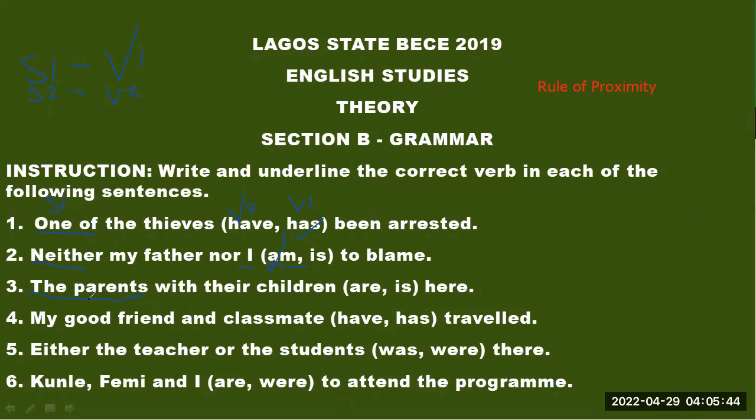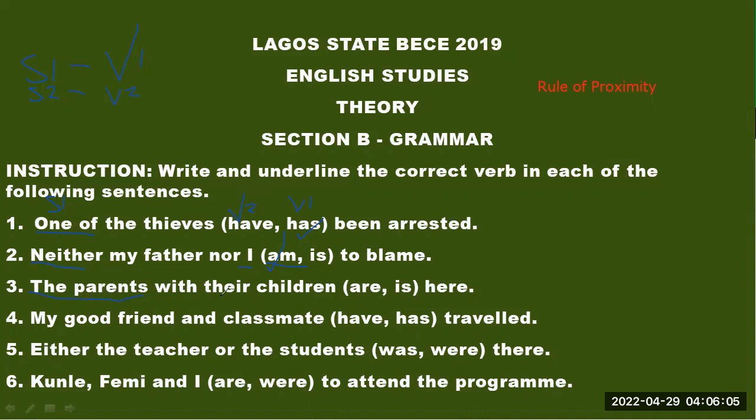Then, of course, the first subject is the actual subject, and that determines the form of the verb. If this is singular, then the verb is going to be singular. If this is plural, the verb is going to be plural. And here we have a plural verb.